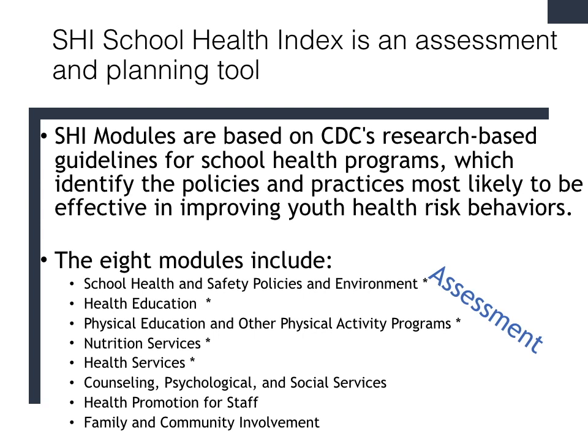The School Health Index includes 8 models, and those models cover things such as school health and safety policies and environment, health education, physical education and other physical activity programs, nutrition services, and that's going to be of particular importance because in our assignment you need to do that module. It also covers health services, counseling, psychological and social services, health promotion for staff, and family and community involvement.